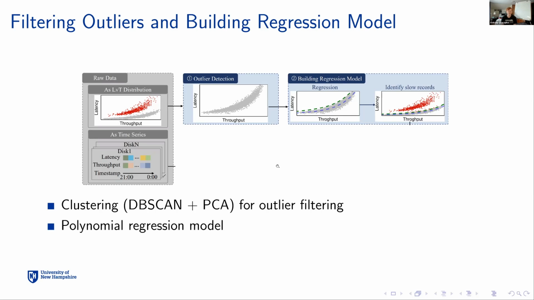So that's really the basics of this Perseus system. Look at the storage server, get the data on latency and throughput from all of the drives, find the outliers, filter them out, fit regression to this data, and then look at those outliers again, essentially.